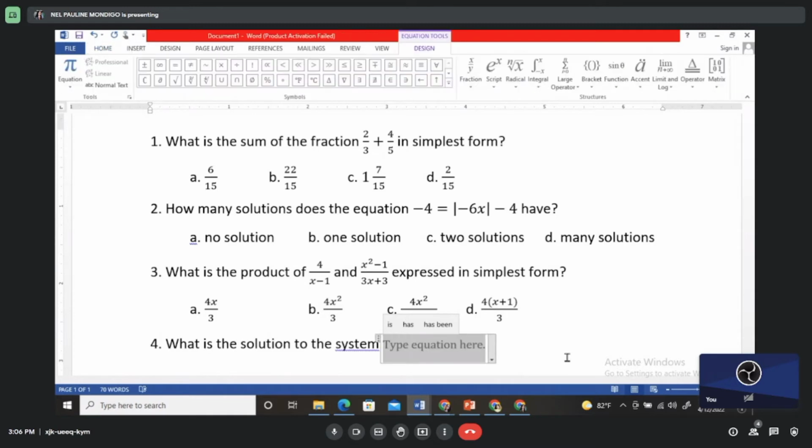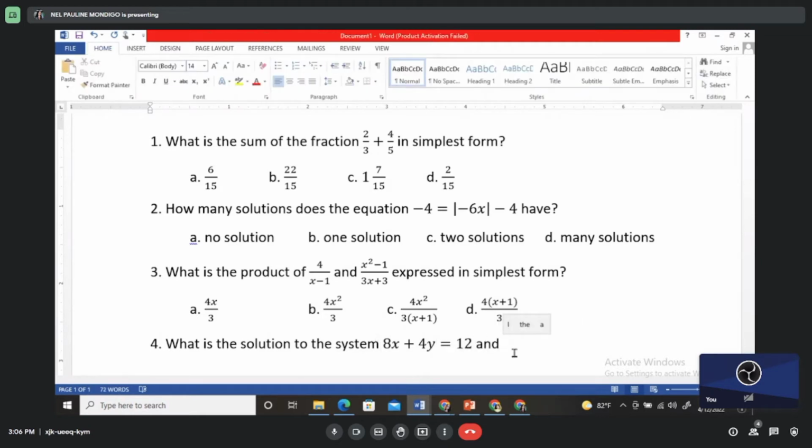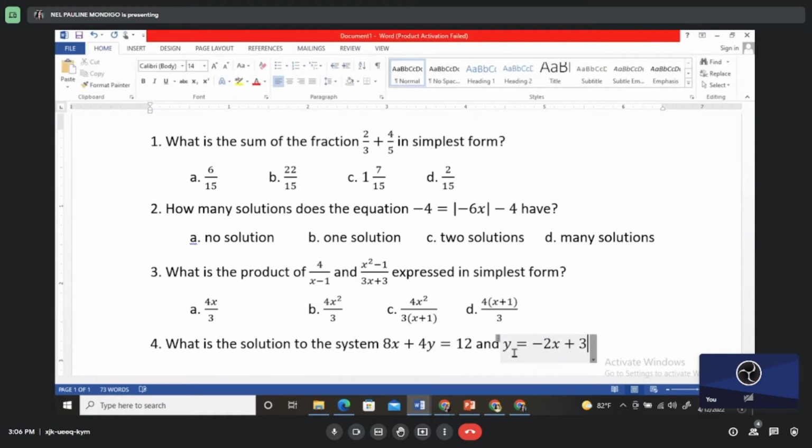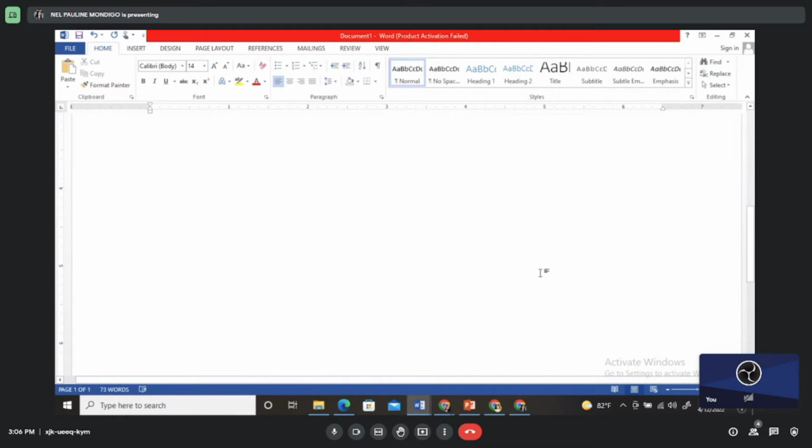Let's add an equation here because it has numbers and variables. 8x plus 4y equals 12. And another equation, y equals negative 2x plus 3.